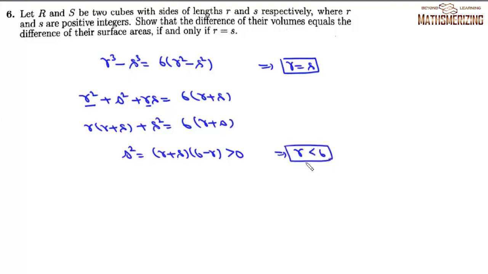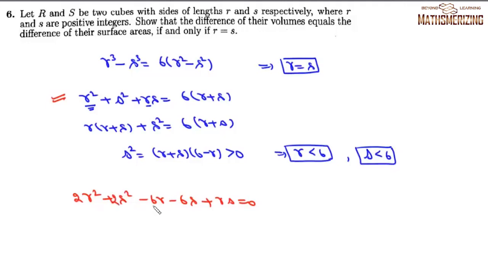Now in the same way, we write the expression for R square, and we'll get this other condition, which is S is also less than 6. Now we'll come back to this and take everything on the left hand side. We can write R square plus S square minus 6R minus 6S plus R into S equals 0, and we'll multiply it with 2.